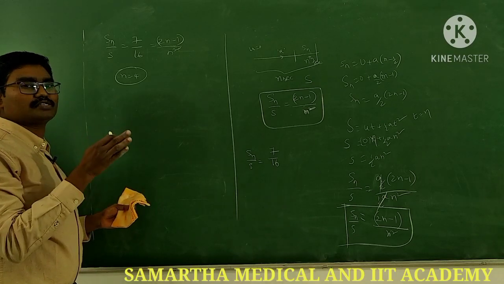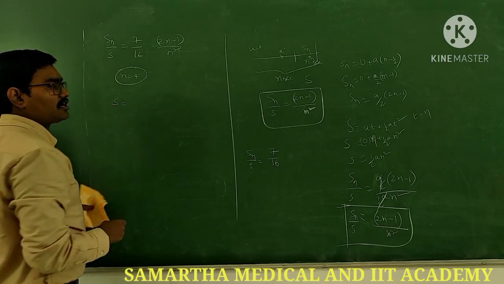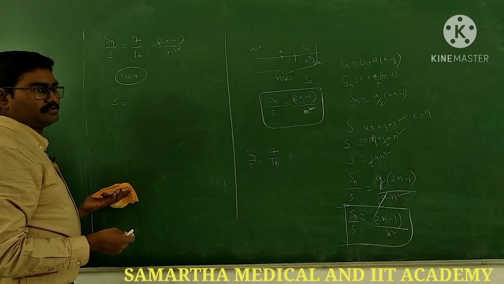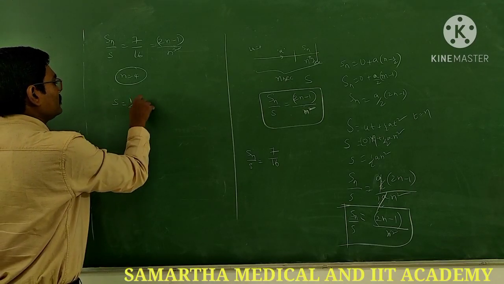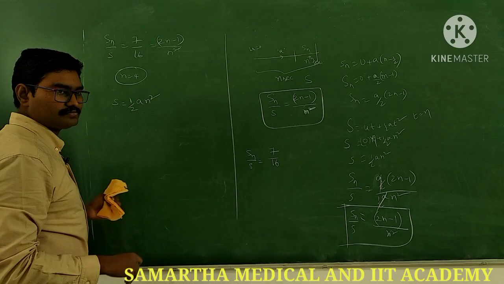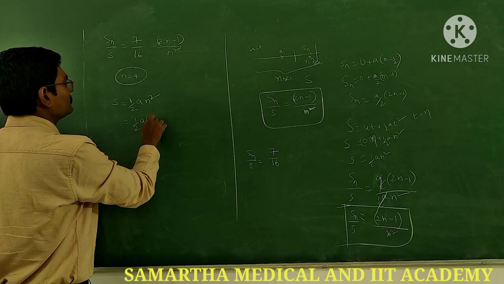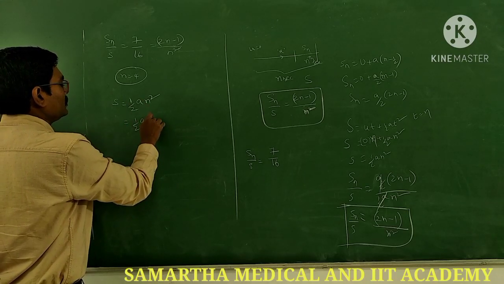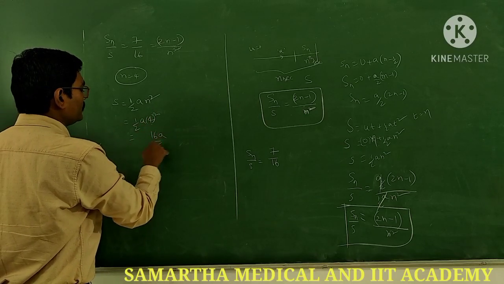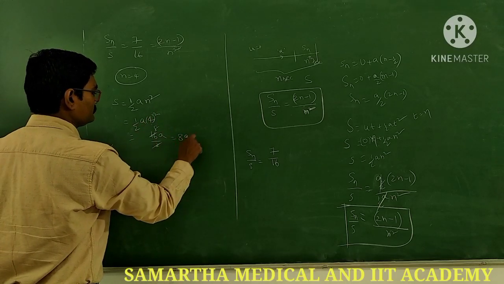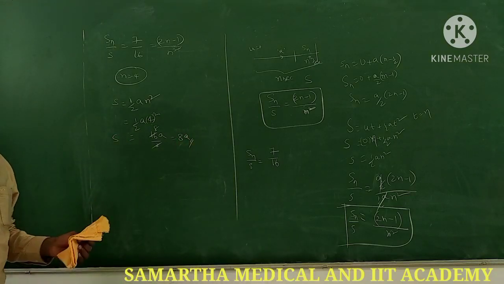So what is the total distance covered in that? Total distance covered is half a n square. So half a into 4 square, which is 16, so 16a by 2 means 8a. Distance covered is equal to 8a.